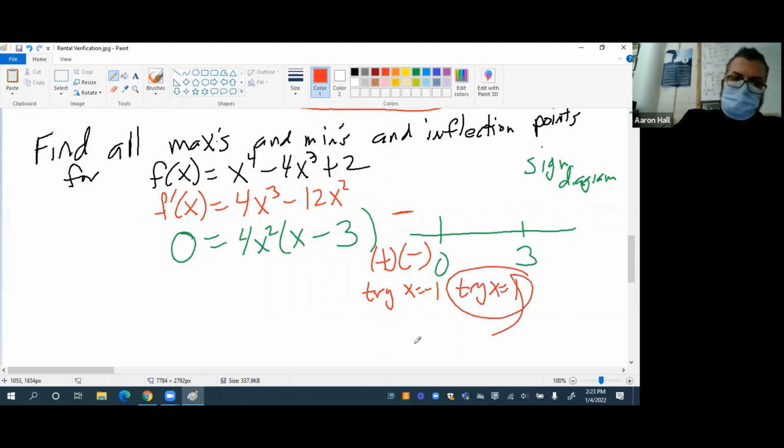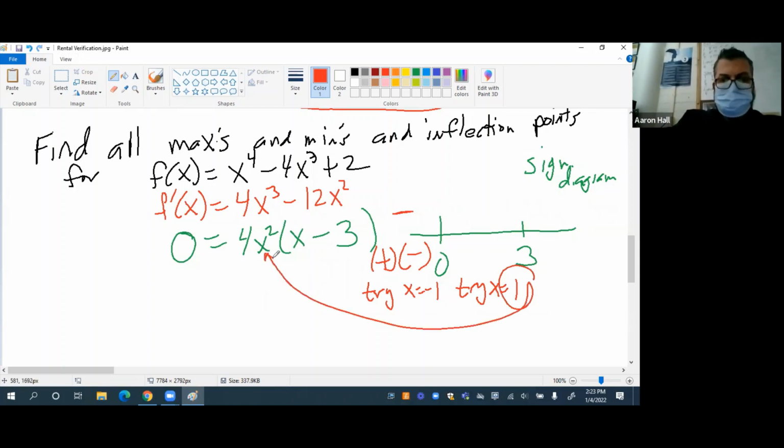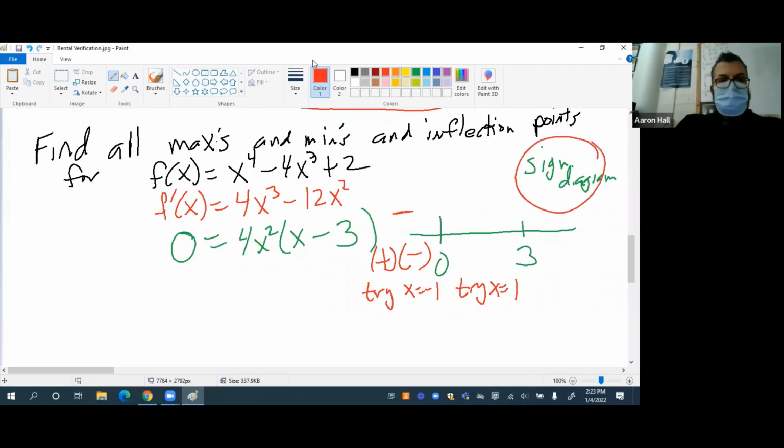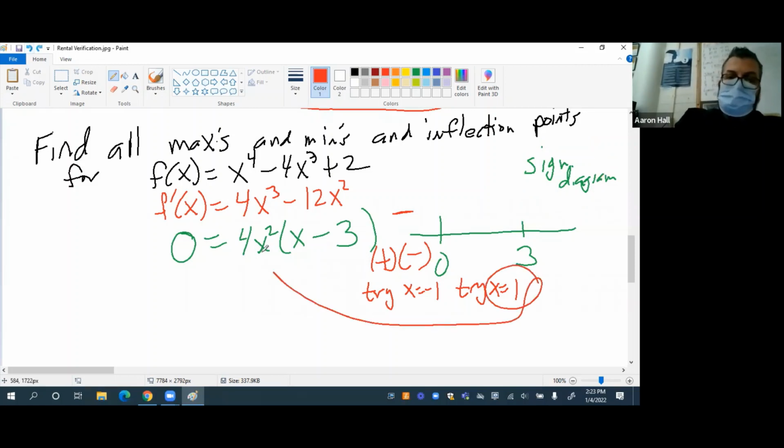If we take that 1 and plug it in here, is that positive or negative? There we get 4, so that's going to give me a positive number. I don't really care what the slope is. I just care whether it's positive or negative. That's why we call it a sign diagram. I just care about the sign. So this part, if I plug one in here, is going to be positive.